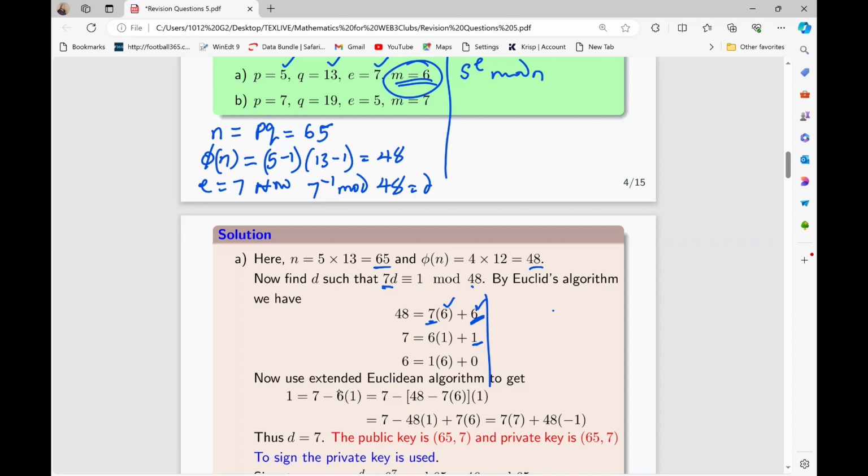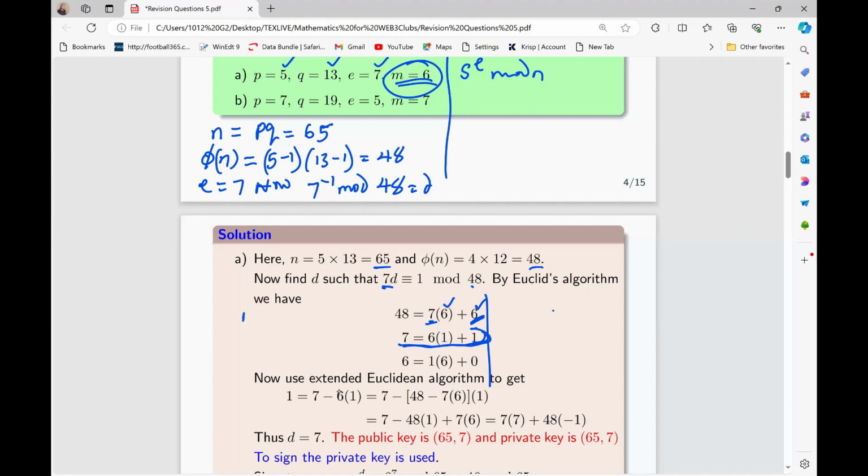We solve for the GCD. So when you solve for the GCD, you use the last equation, the equation that has the GCD, and make 1 the subject.